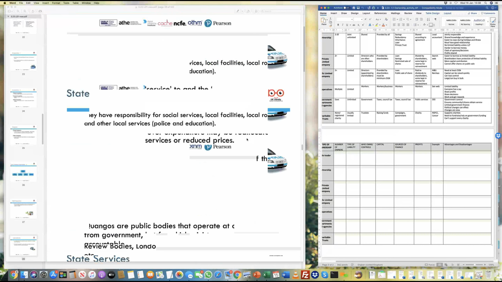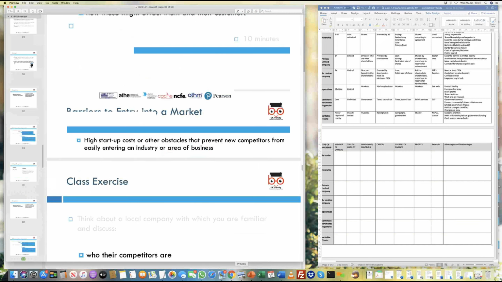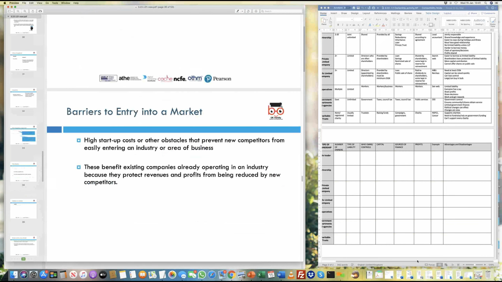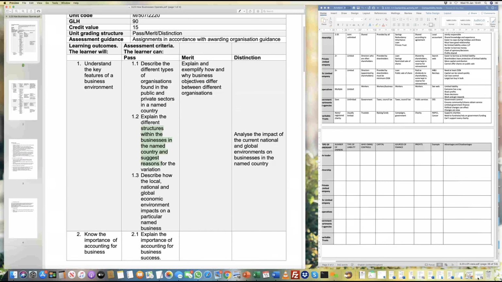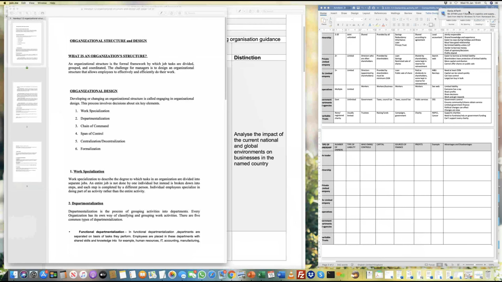Okay. 100%. Now let's look at the second aspect of understanding the different types of structures. So when we talk about different types of structures within the business, what we are looking at is how organizations are structured from a point of view of workings.